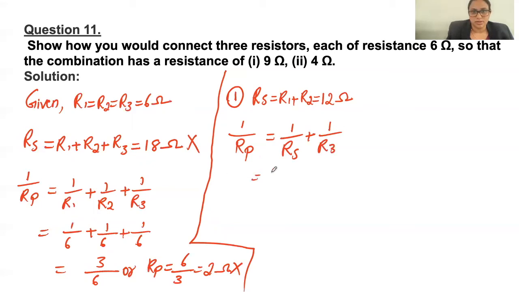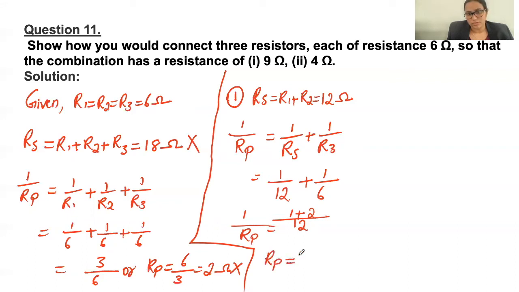So what do you get here? 1 divided by 12 plus 1 divided by 6. So if you take 12 as a common factor, it is 1 plus 2. That is 1 by Rp, which is equal to 3 by 12, or Rp will be 12 divided by 3, which is equal to 4 ohm. So we got 1.